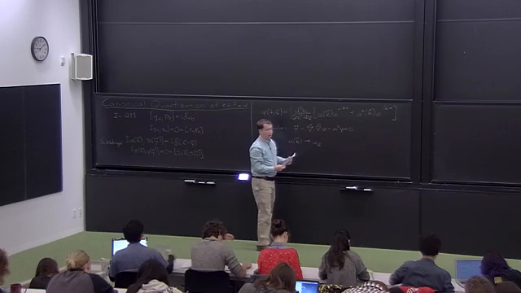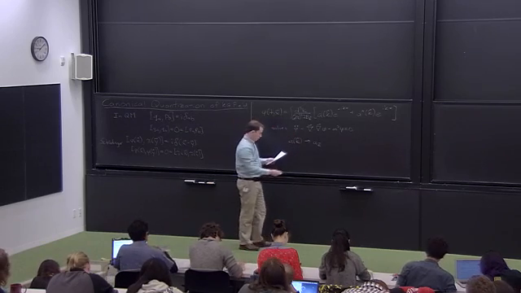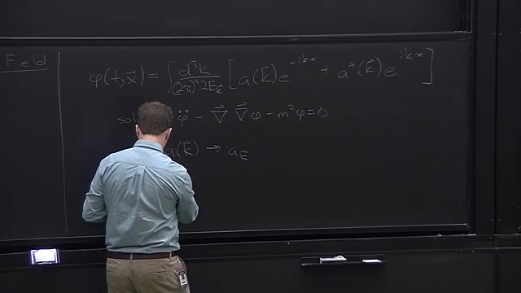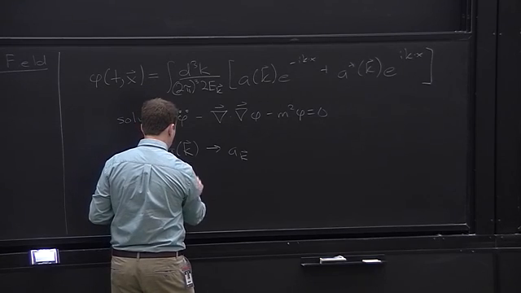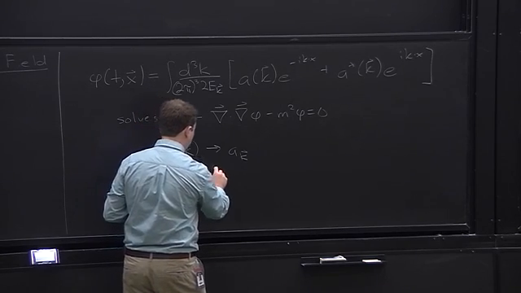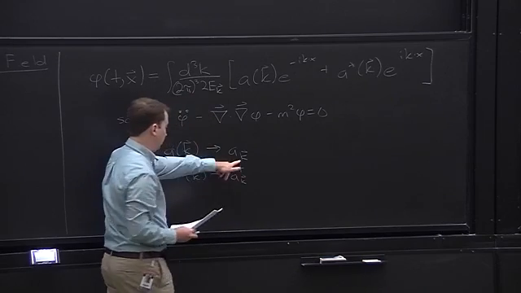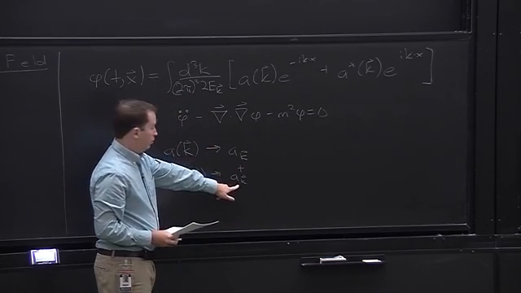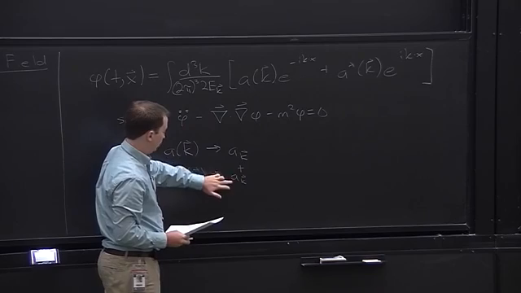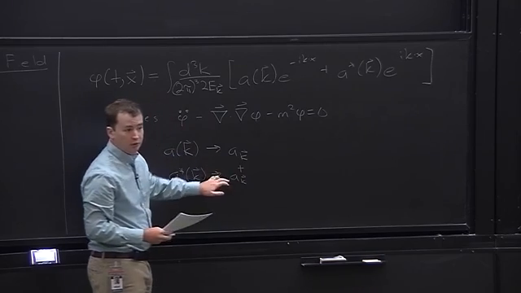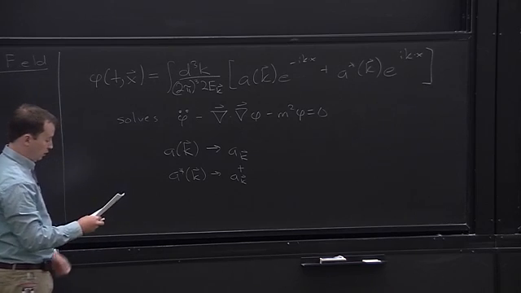So A of k will become an annihilation operator, and A star k will become a creation operator, both indexed by a 3-momentum that describes the momentum of the particle that these operators will create or annihilate.